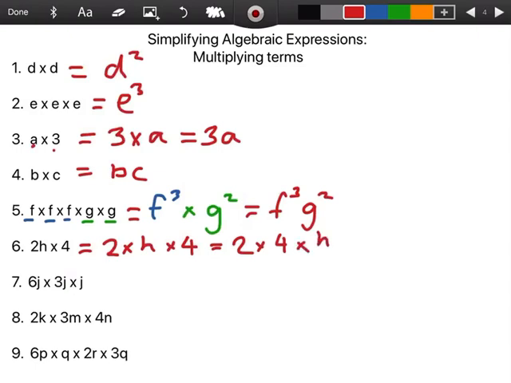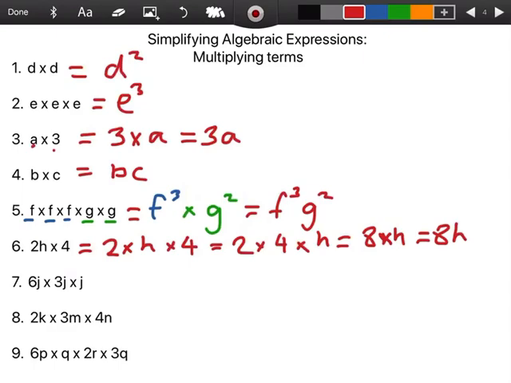Now remember, we don't write 2 times 4 as 24, because you all know that 2 times 4 is 8. So you've got 8 times h, 8 times h is written as 8h with the secret times.